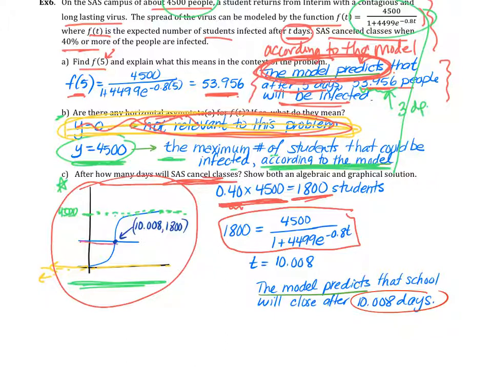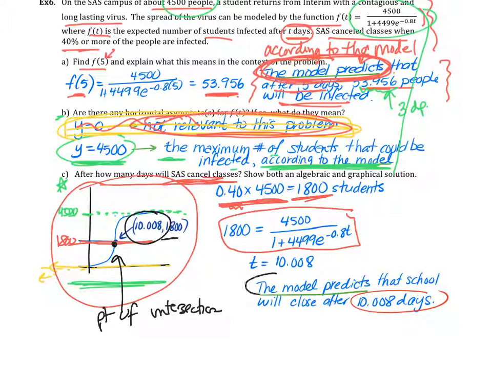Put in a y2, a horizontal line of y = 1800, see where the point of intersection is, and then you would see that after approximately 10.008 days, 1,800 people would be infected, which means that's when we're going to cancel school.